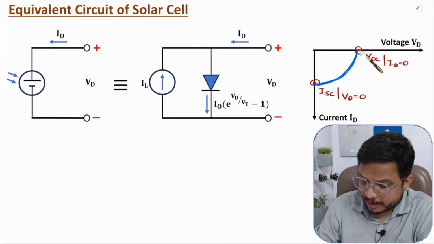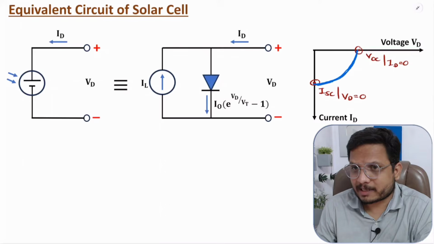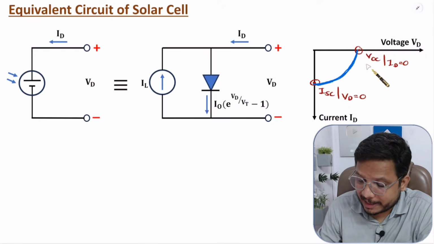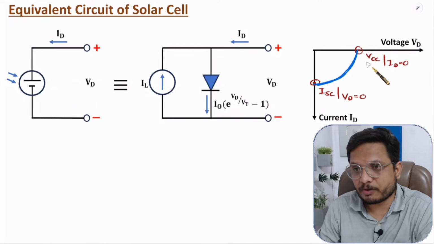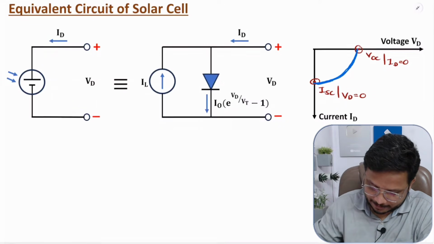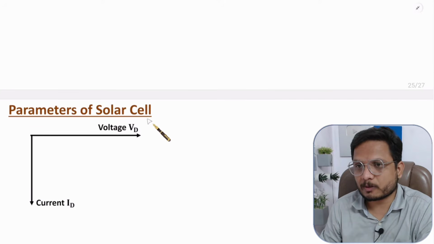Now, in this characteristic, let me first explain how we can identify the value of ISC and VOC. After that, I'll explain a few essential parameters of the solar cell.